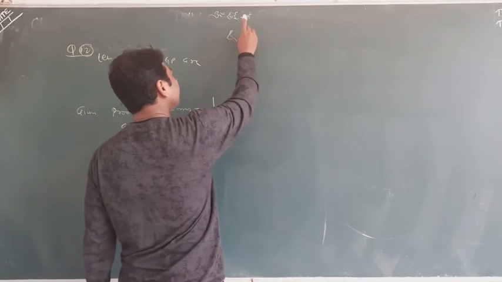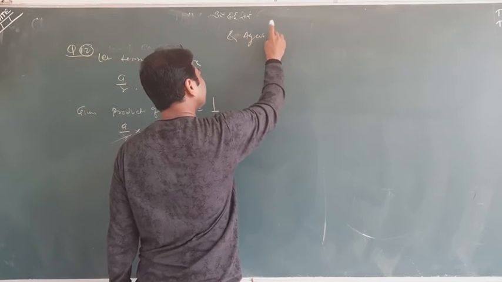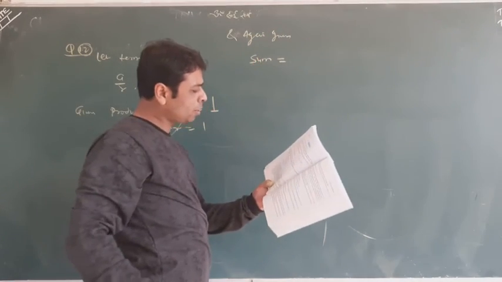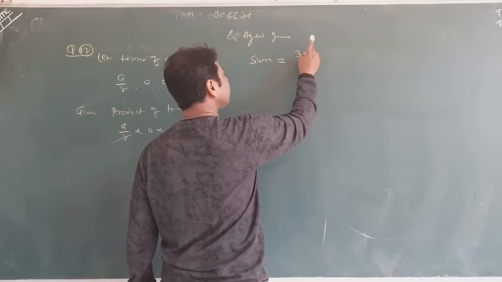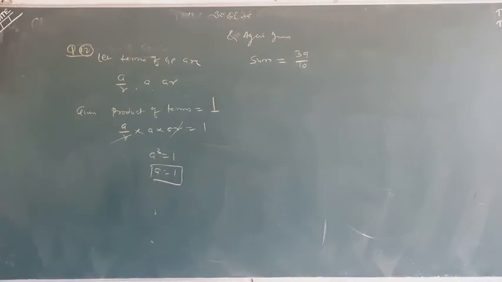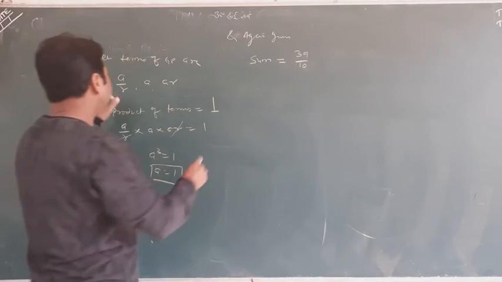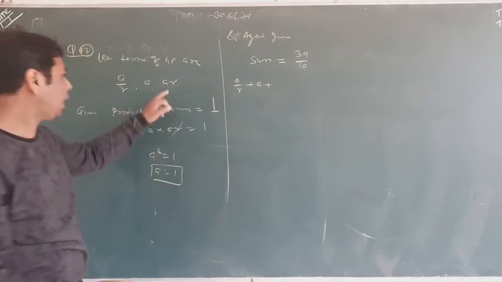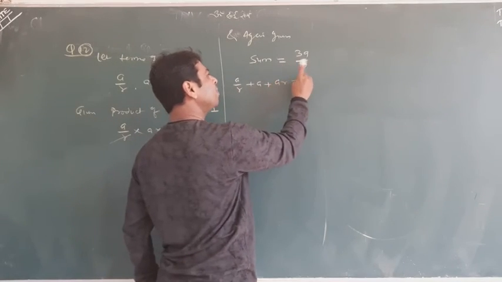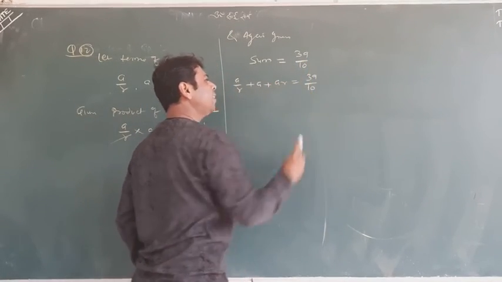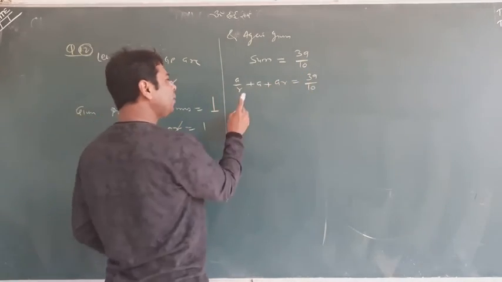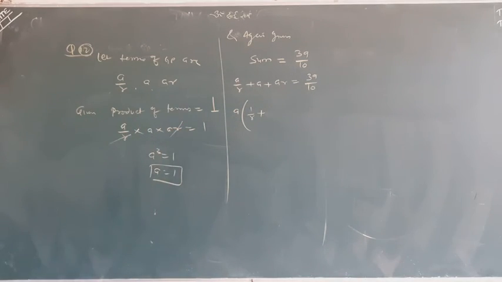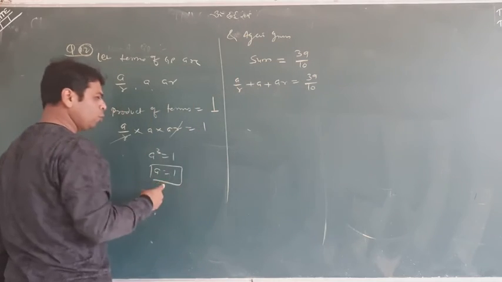Now again, the sum of the first three terms is given as 39/10. Now use it. Sum meaning a/r plus a plus ar equals 39/10. Now we can take a common, or we can directly put the value a equals 1.